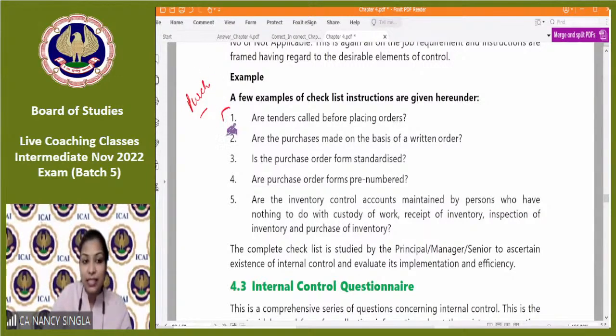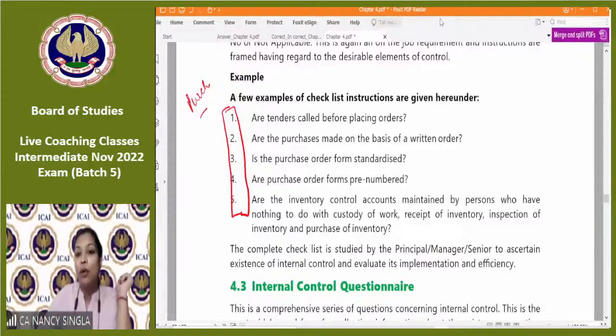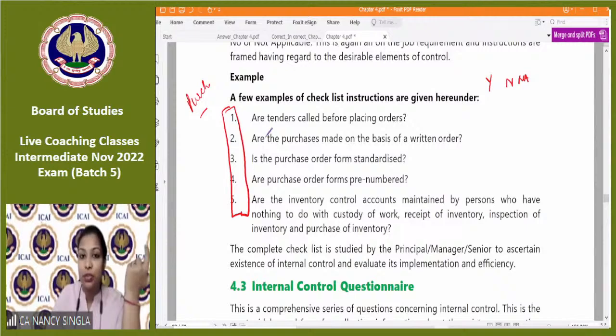So there is a list given of these 5 points, and the options will be yes, no, or not applicable. So the audit staff needs to mention, when he's checking the internal control with respect to purchases, he needs to see, are tenders called before placing orders?